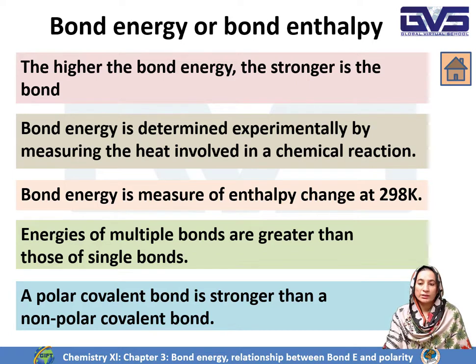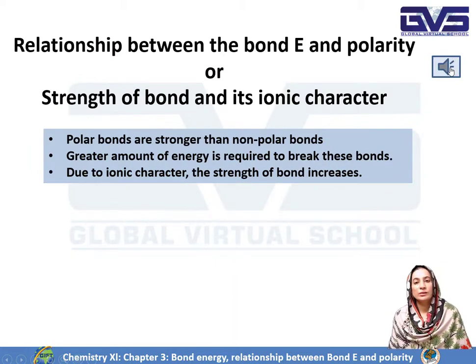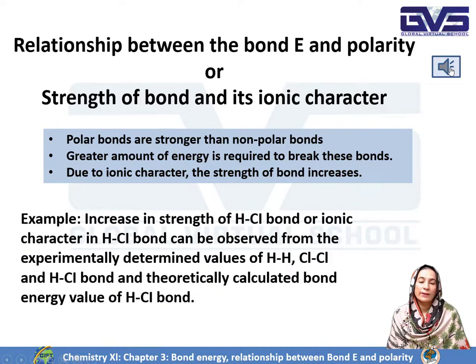But now we are taking an example to observe the polar bond, and in polar bonds, their ionic strength. So how do we calculate the ionic strength? This will be observed with the help of this example. Let's concentrate and focus on this example, what it is going to calculate.